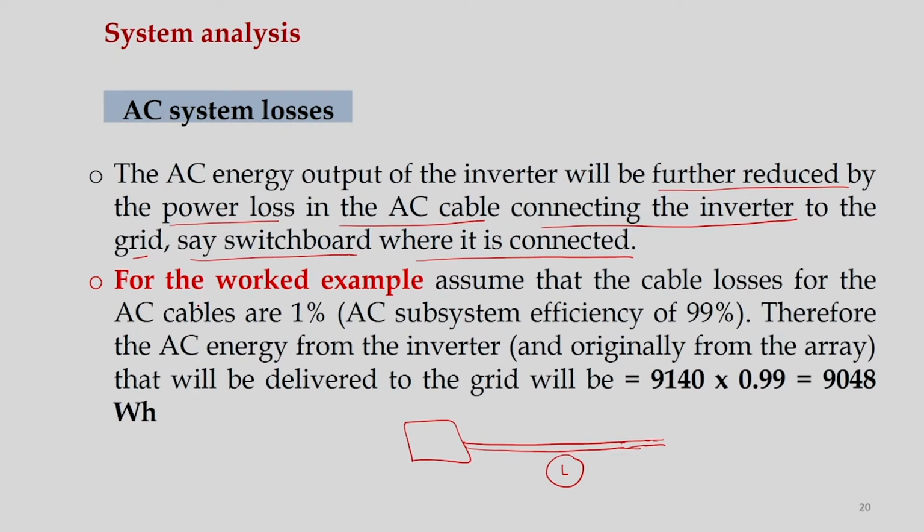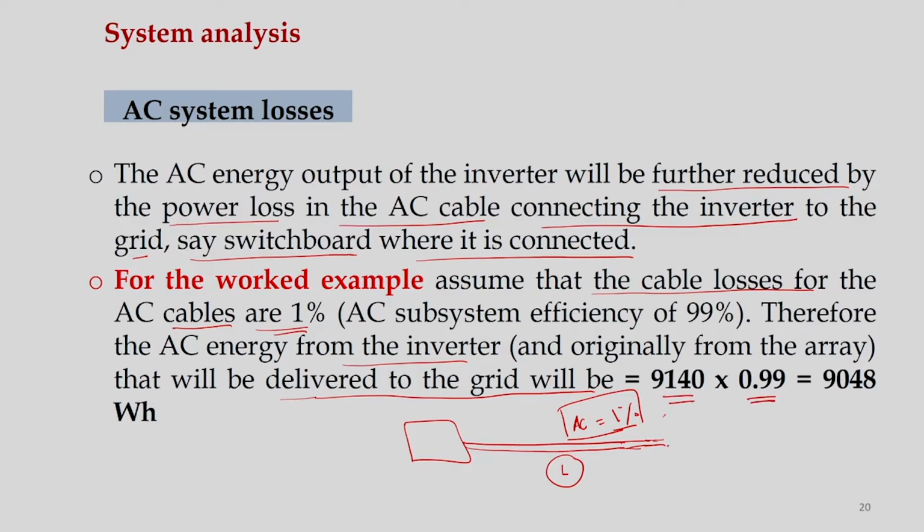So, if we continue with the same exercise, assuming the cable loss for the AC cable is 1%, then the AC energy from the inverter that will be delivered to the grid will be 9140 into 0.99.